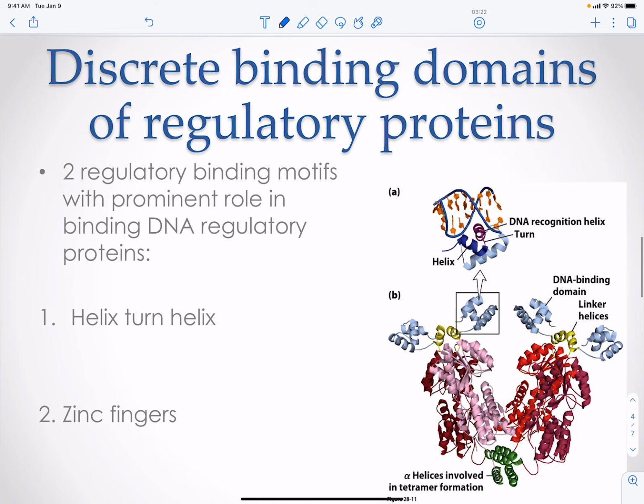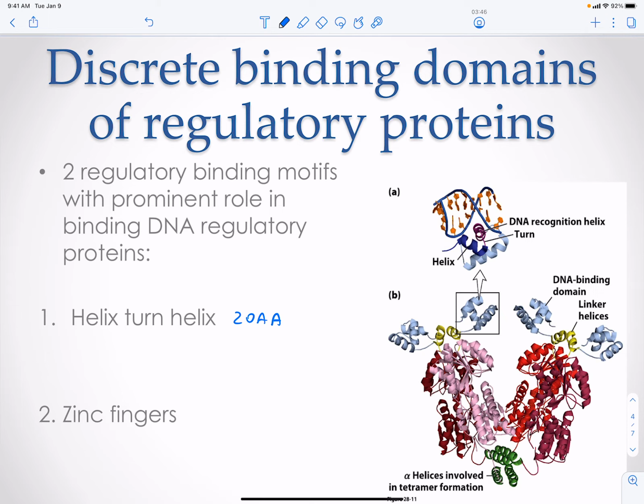Now, with respect to our prokaryotes, you're going to have some regulatory binding motifs. These are going to be a helix turn helix and a zinc finger. And a helix turn helix is a 20 amino acid alpha helical segments that are separated by a beta turn.